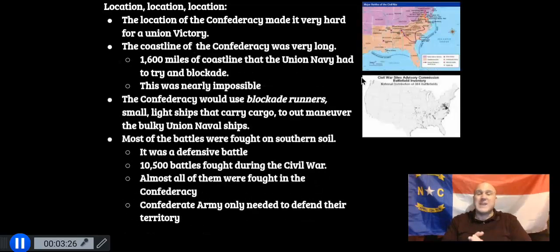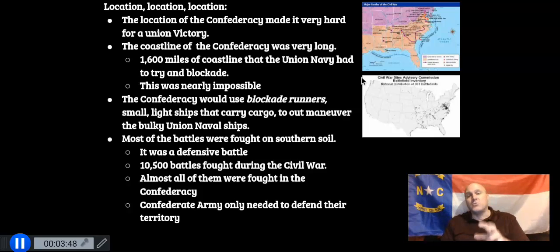Location. Just like selling a house, it was probably one of the most important things here. The location of the Confederacy made it very hard for the Union to win. So you remember how I said the Union had 600 ships, the largest navy in the world. They could blockade anything they wanted. Well, not true.